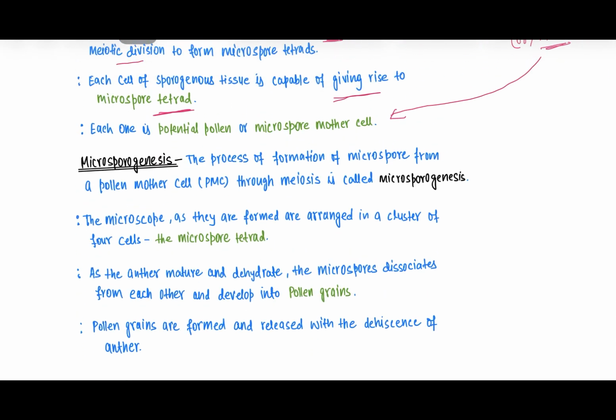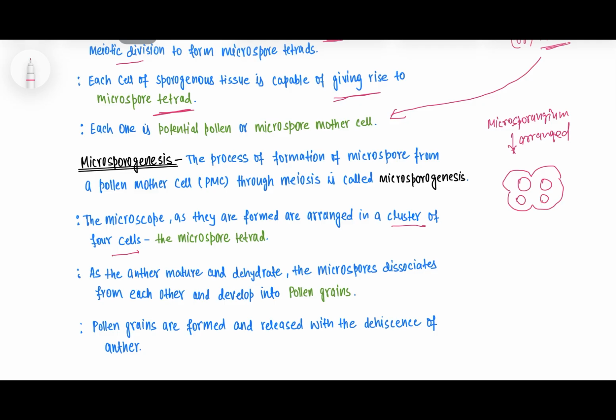So the microsporangia are arranged in a cluster of 4 cells.